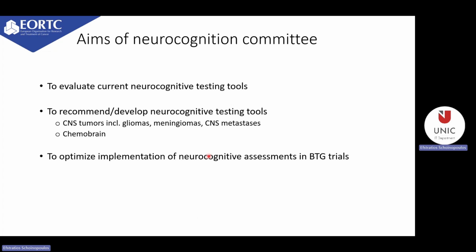We are going to publish our new guidelines in a few months for CNS tumors such as gliomas, meningiomas, and metastases. Also, we're going to assess the effect of chemo and radiotherapy on cognition, and to optimize implementation of neurocognitive assessment in brain tumor group trials.